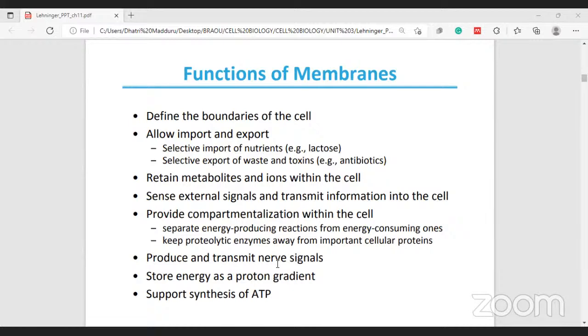So it is highly controlled. That's why we call the plasma membrane semi-permeable. Permeable means anything can come, readily it can come, but semi-permeable means not everything can come inside and not everything can go out readily. Okay?